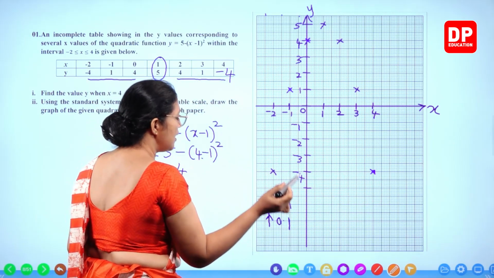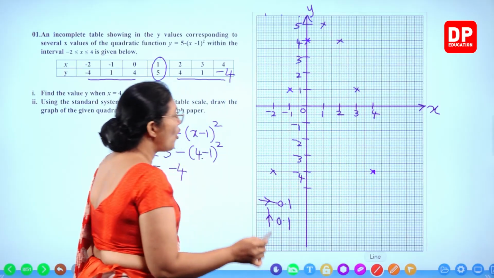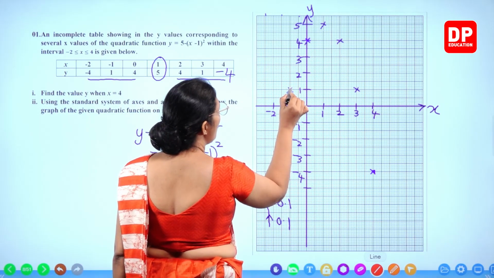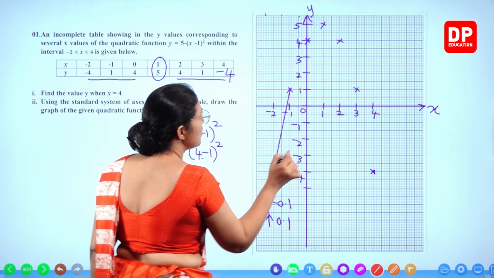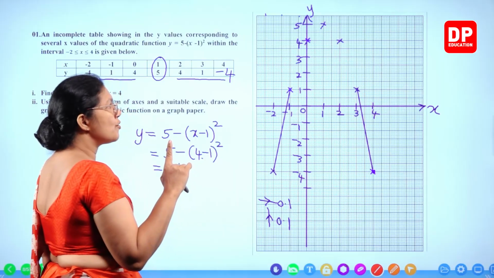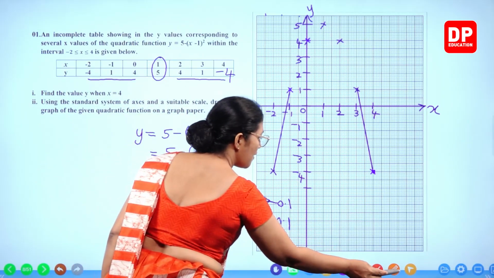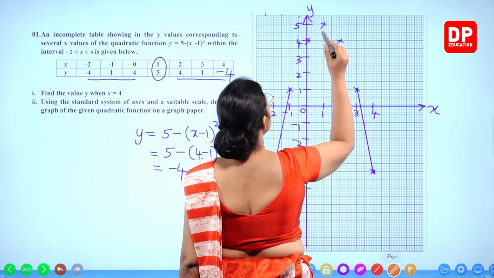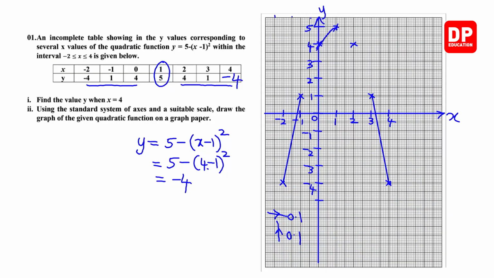Now we can connect the points smoothly. To connect the corner ones, I can use the ruler because they are far away. Only for those 2 points I can use the ruler, but after that I have to connect smoothly without the ruler. Let's start from here. This side you can connect like this.